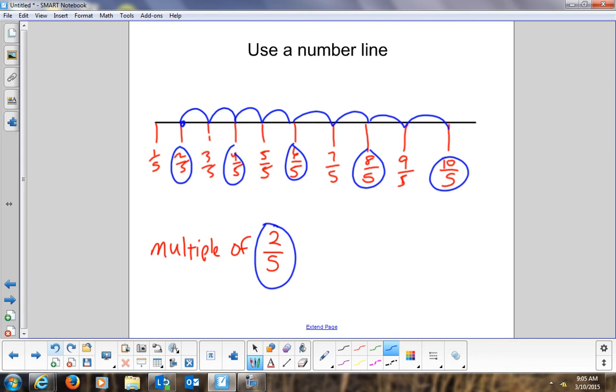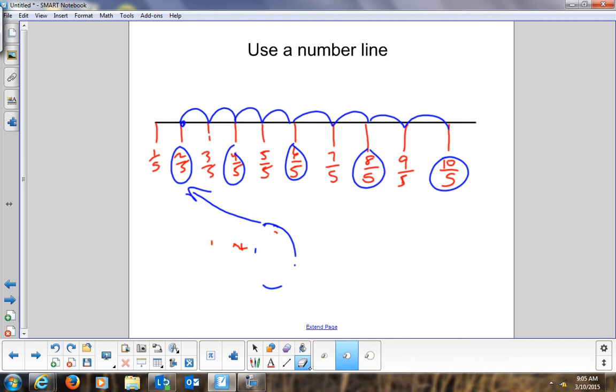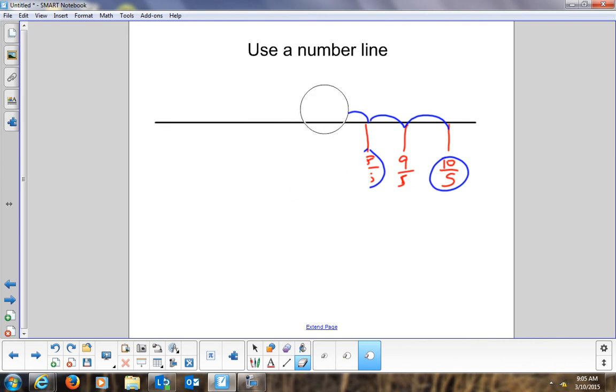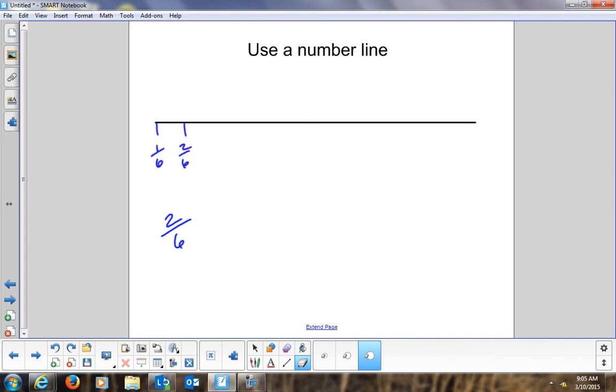So one way that you guys are going to get tripped up is where you start. So you always start at whatever fraction it's asking you for. Okay, so let's find multiples of 3/4.